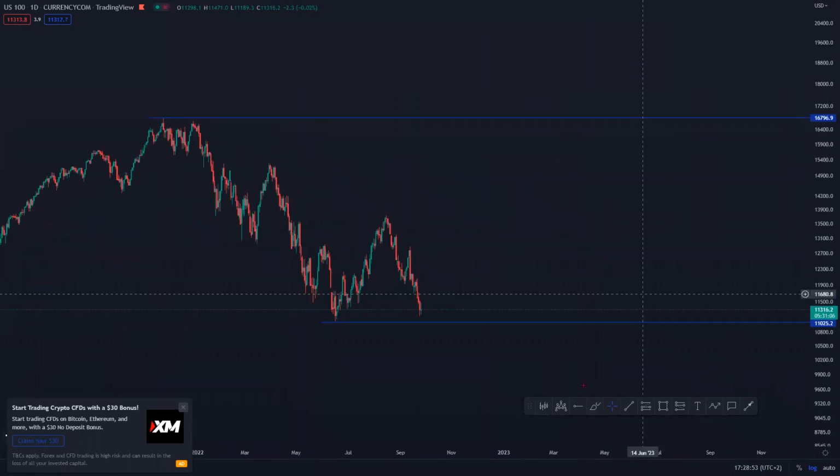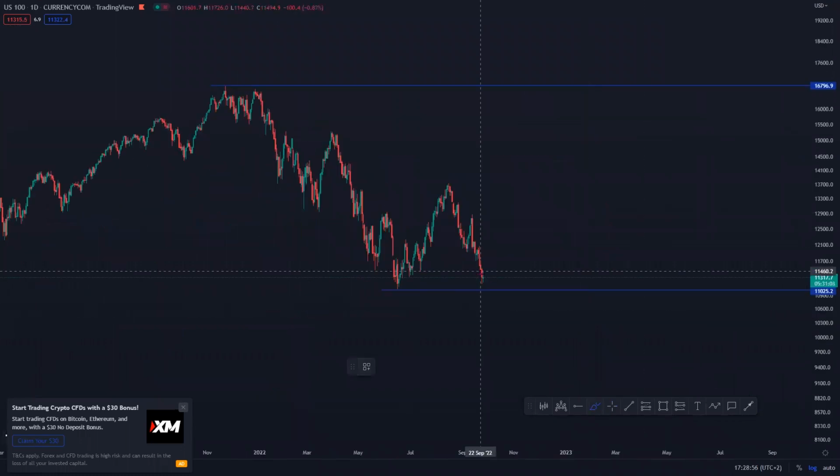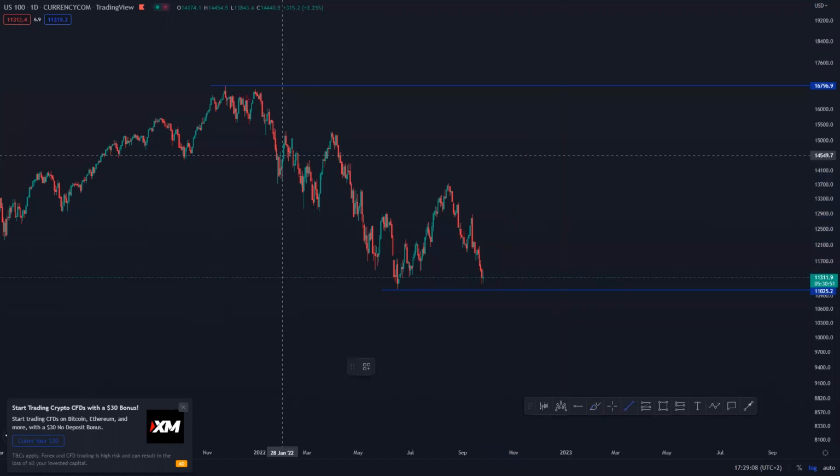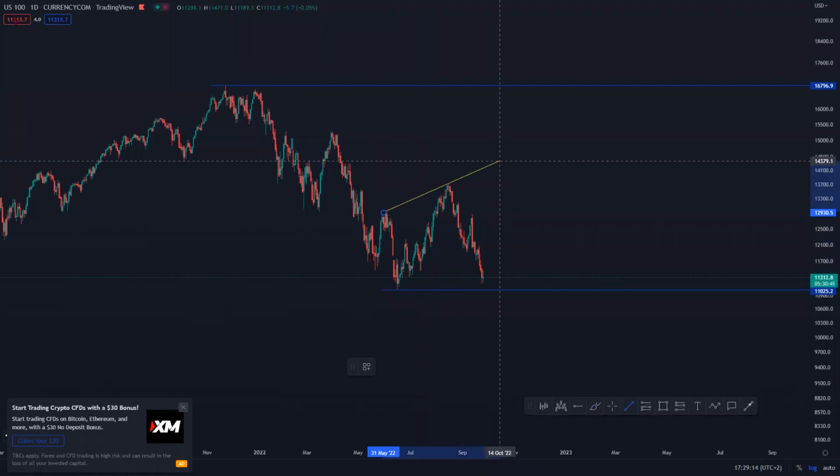What might happen here is that the market might come and push down and test this level around here before going to the upside. Now on Nasdaq, remember we are still in a downtrend or a downward movement.